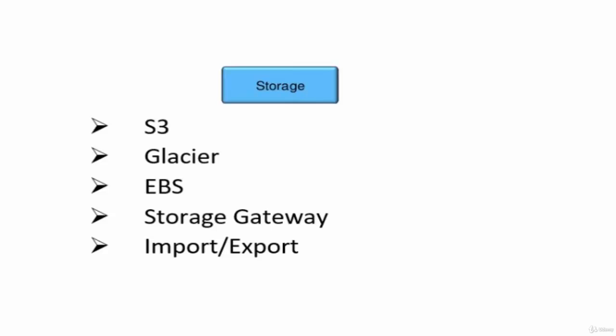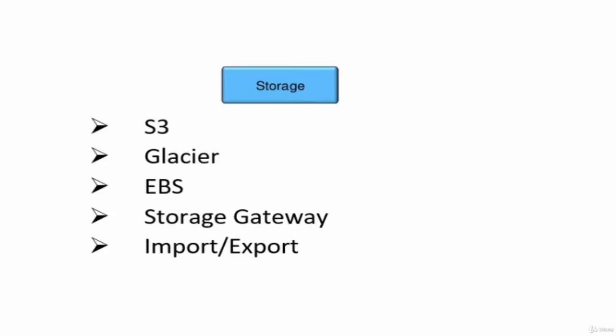Now the third thing is the EBS volume. Amazon Elastic Block Store, or Amazon EBS, provides persistent block storage volumes for use with Amazon EC2 instances in the AWS cloud. Each Amazon EBS volume is automatically replicated within its availability zone to protect you from component failure and offer high availability and durability.